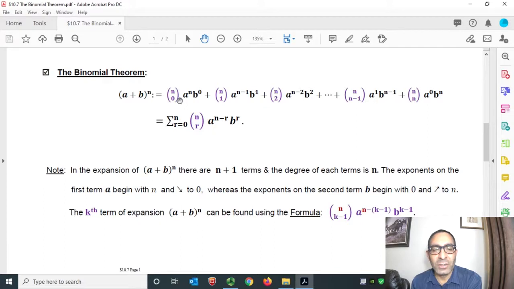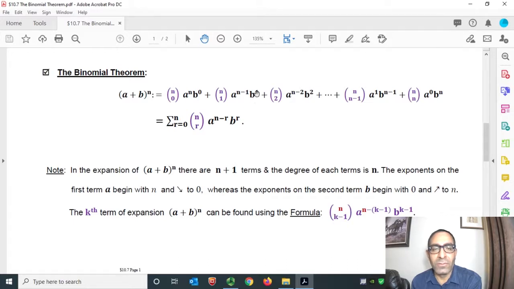So here our binomial coefficients are n choose 0, n choose 1, n choose 2, dot dot dot, n choose n, and the terms are here a to the power n, b to the power 0. In the next term, we subtract from the power of a and we raise the power of b. So here a to the power n minus 1, so 1 less than the previous power of a, and b has power 1.